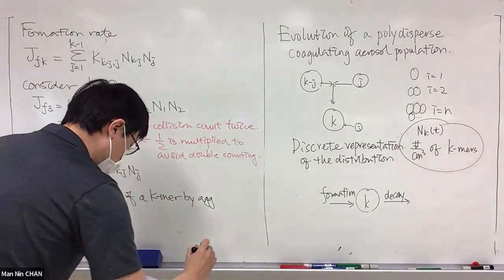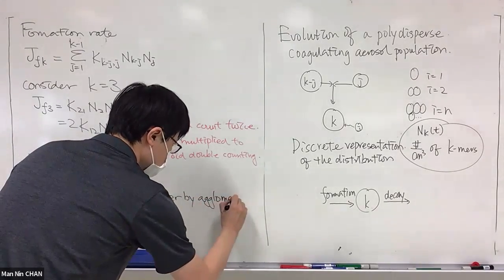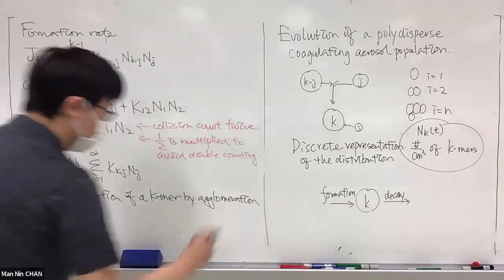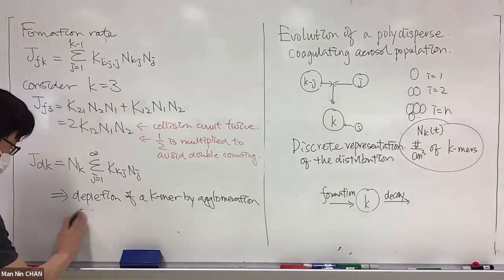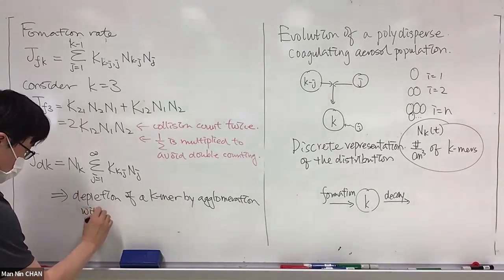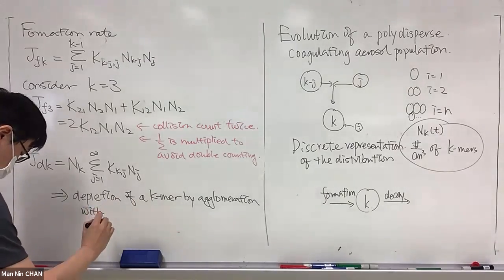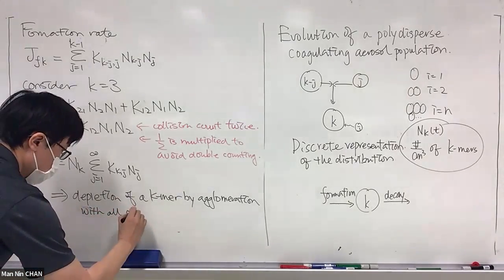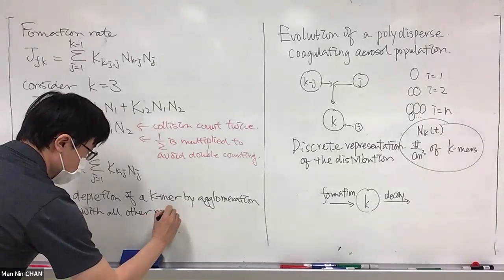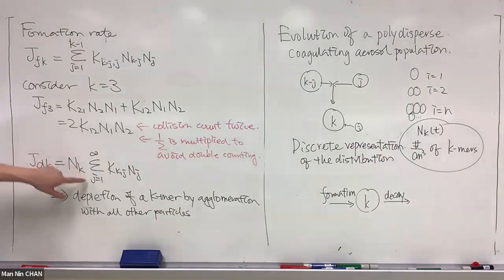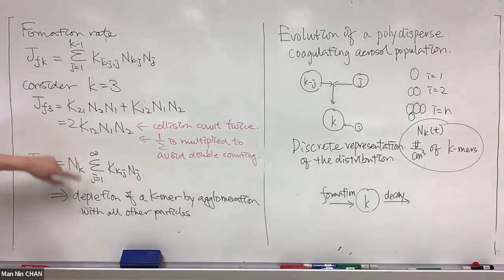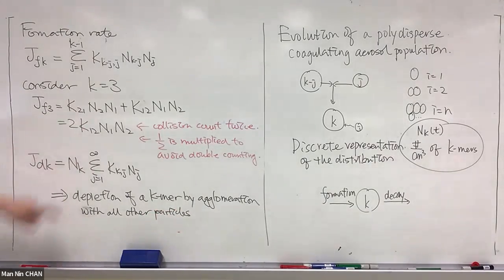And also there's another term we call the agglomeration. That means coagulation or collision with all others. So that's why you need to take all particles with different sizes, and therefore this goes to infinity here.